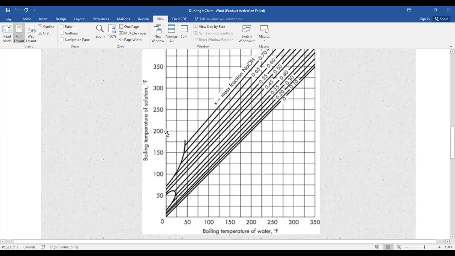That's more or less 190 degrees Fahrenheit. So I'll just place here 190 degrees Fahrenheit. So 50%, 124 degrees F, somewhere here. Okay, and then read. Let's approximate that to 190.